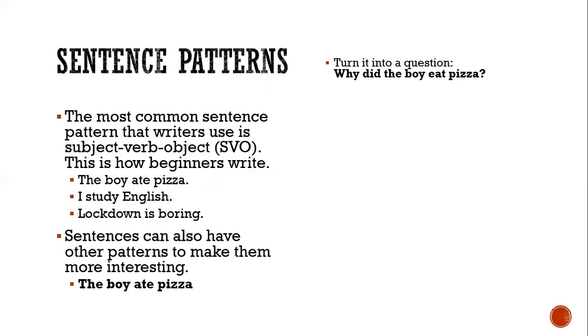For example, the sentence is the boy ate pizza. We can turn it into a question. Why did the boy eat pizza? We can turn it into a passive sentence. The pizza was devoured by the boy. So I changed the word eat to devoured because it sounds better than the pizza was eaten by the boy, but it means the same.